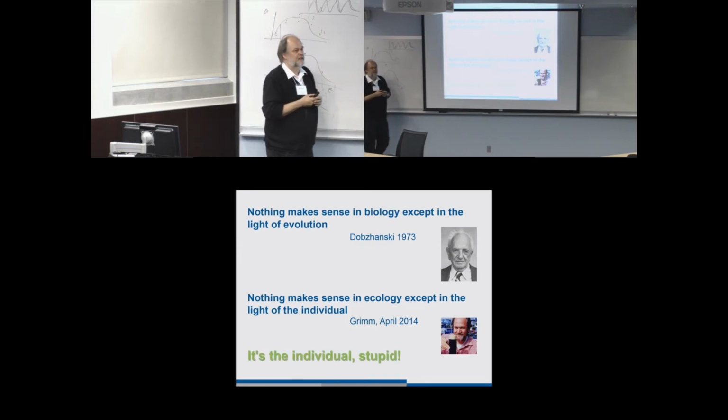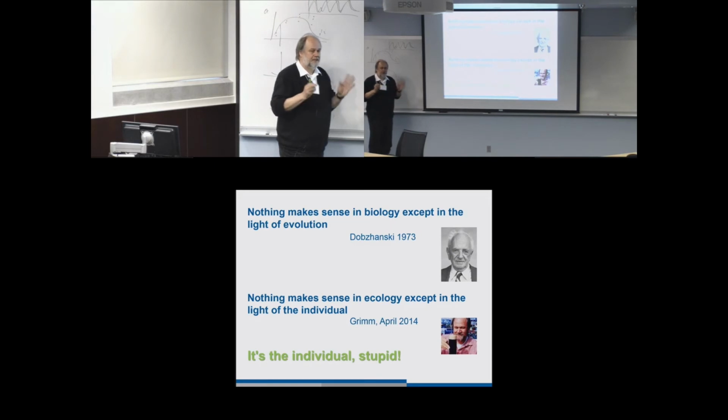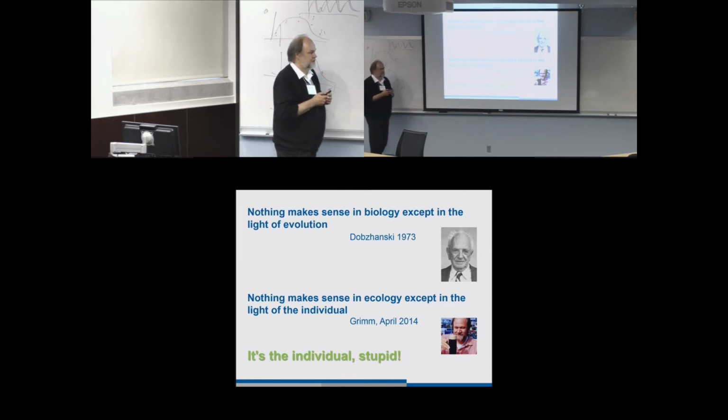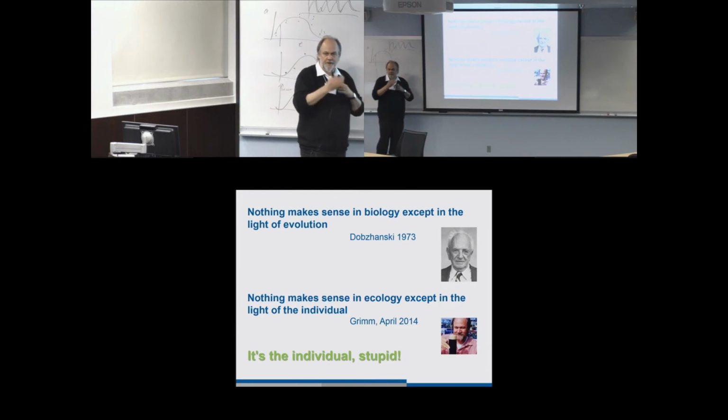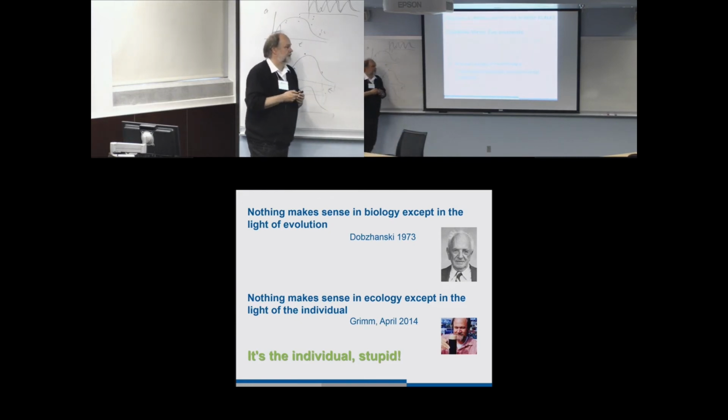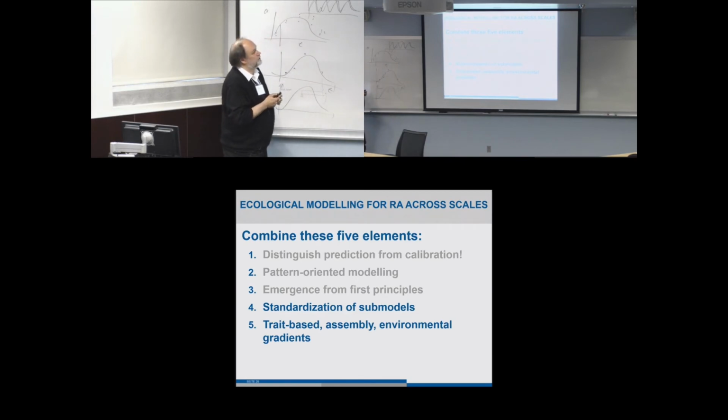I think, although all kinds of model types keep playing a role for all kinds of questions, individual-based approaches in this field for predictive systems models will play a special role because they are really linking processes which take place at the level of the organism, behavior, metabolism, energy budget, to system level properties.